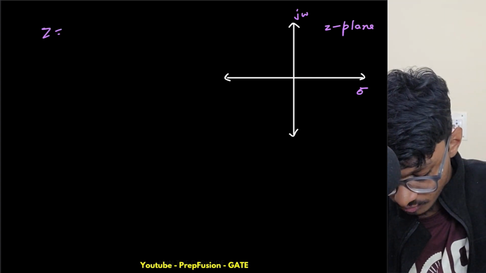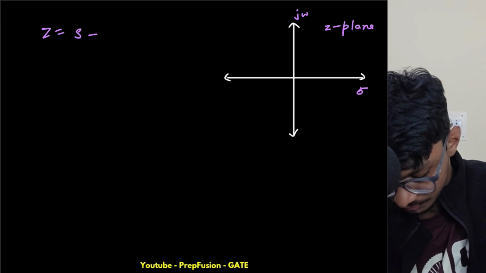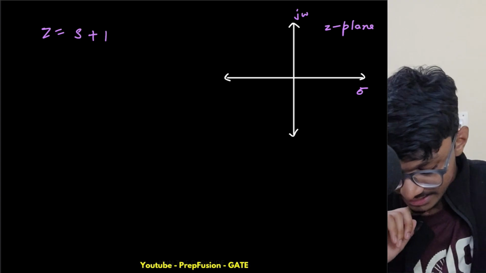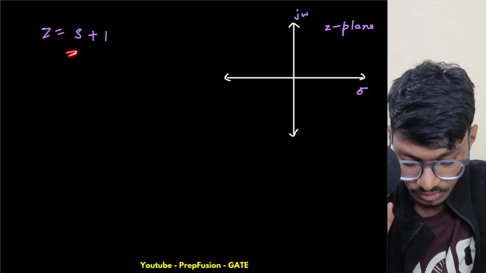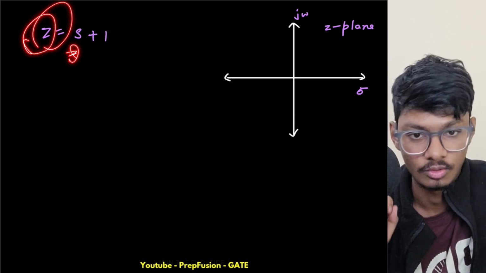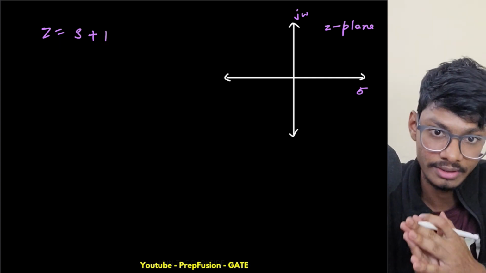So my Z will be equal to s plus 1. If I put s equals -1, Z equals 0. So the s equals -1 point represents Z equals 0. This is how I'm mapping one plane to another plane.